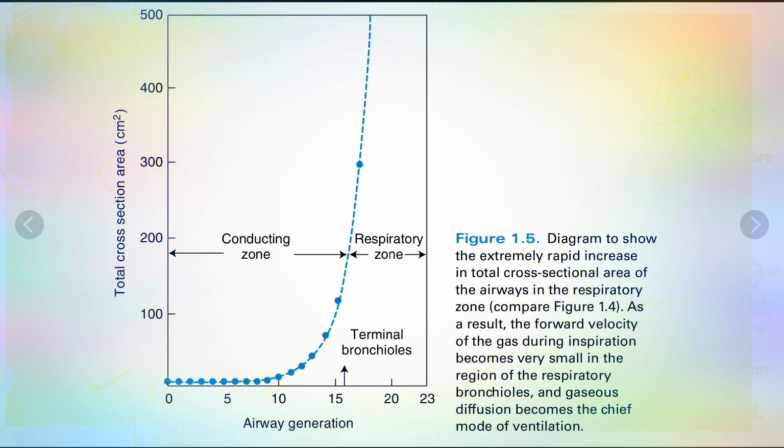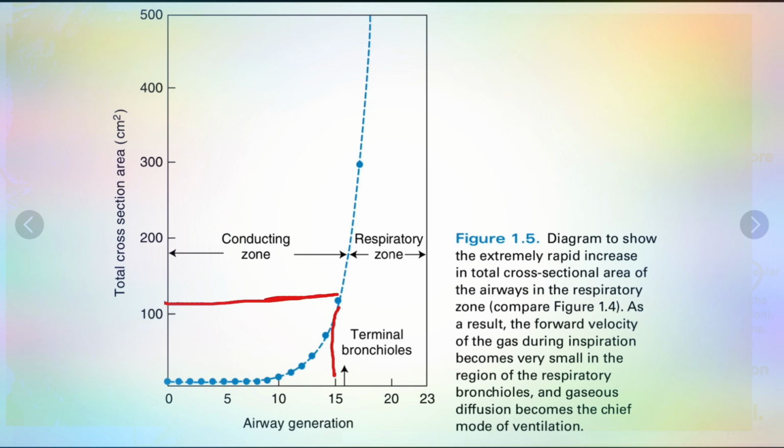Now they are talking about the cross sectional area and airway division. We can see that until airway generation 15 or 16, around 16 and 17, there is the conducting zone, and the conducting zone has a very small cross sectional area, around 100 or 120, 150. But from here it increases exponentially after the 15th or 16th generation.